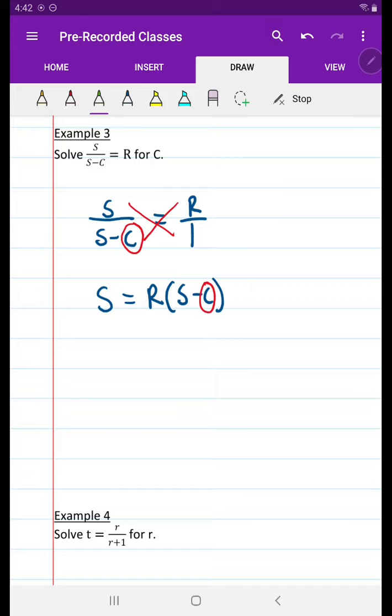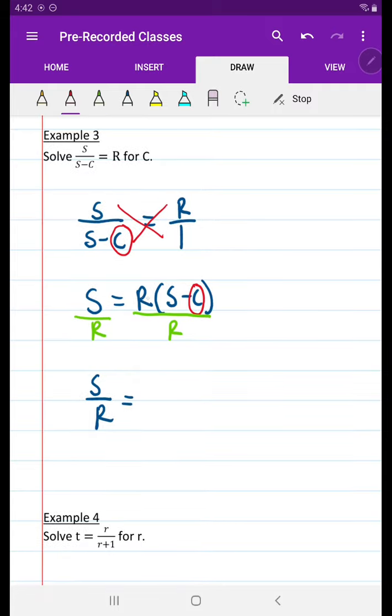Actually, I'll do this in green to make it clear what I'm doing. So we're going to divide both sides by r. So now I have s over r, and I can cancel it on that side, equals s minus c.